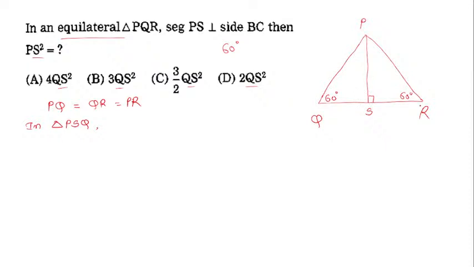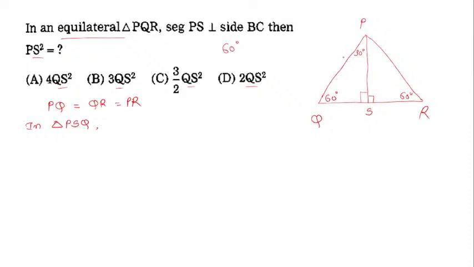So if angle PSR is 90 degrees, angle PSQ must also be of measure 90 degrees. So it is a right angle triangle where the first angle is 90 degrees, the second angle is 60 degrees. So the remaining angle QPS must be 30 degrees, because the sum of measures of all the three angles of a triangle is 180 degrees. So now this triangle PSQ is a 30, 60, 90 degree triangle.